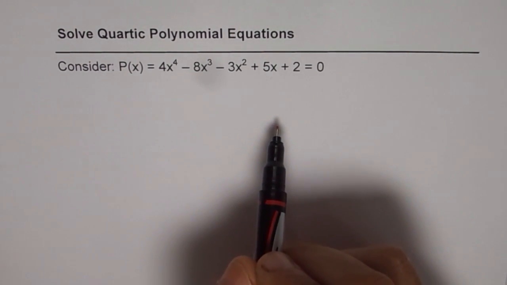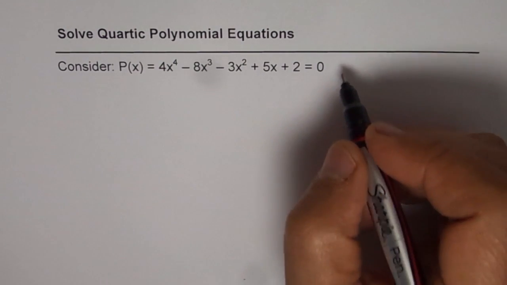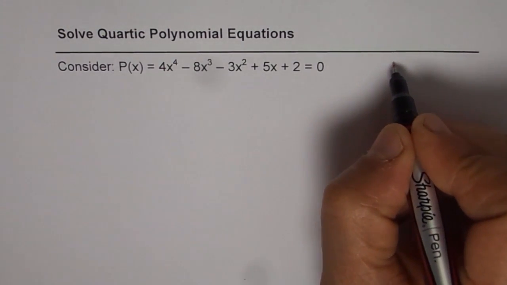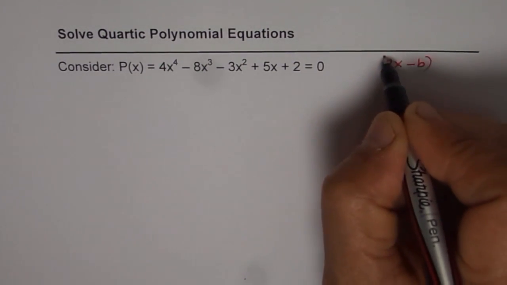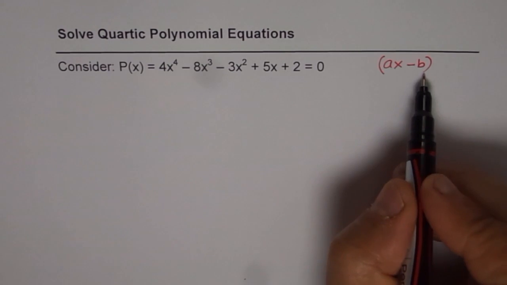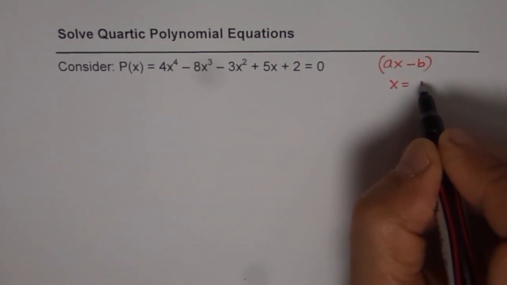So we can use the rational theorem. Some people call it the integral theorem. So basically we are looking for a factor in the form of ax minus b, right? Now this factor can be 0 if x is equal to b over a, right?